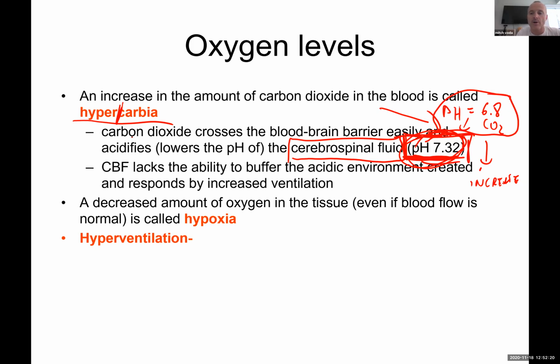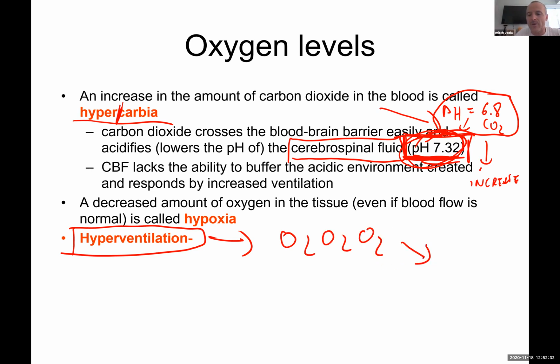So I have hypercarbia. Now, if I hyperventilate, which is the opposite, I breathe in a lot of oxygen. By breathing in a lot of oxygen and eliminating a lot of carbon dioxide, the pH of the blood actually becomes slightly basic, 7.5.